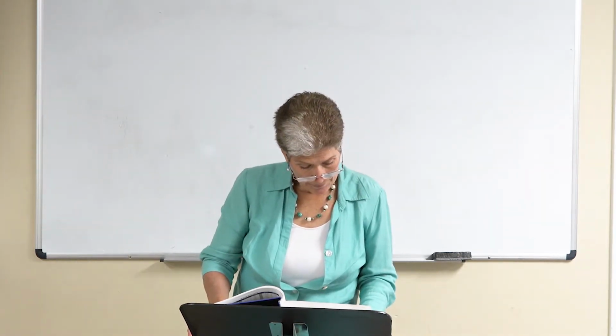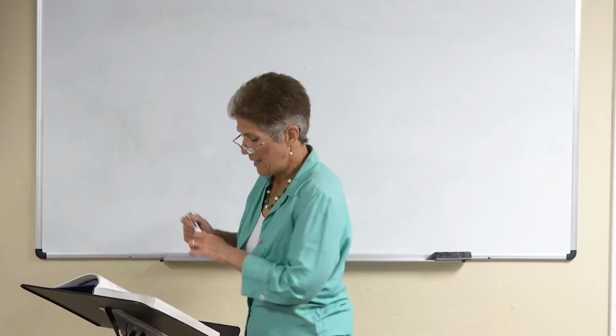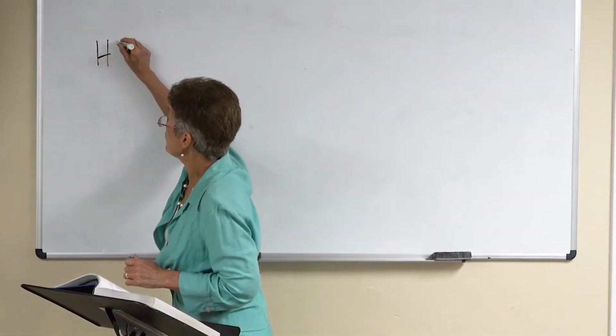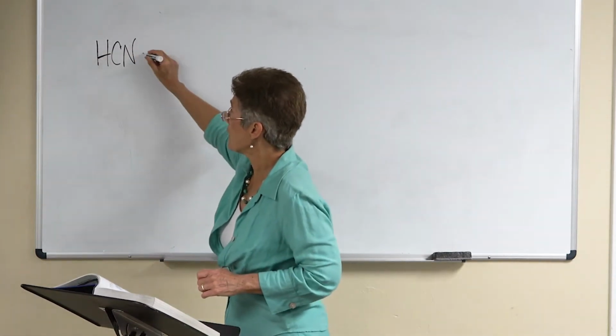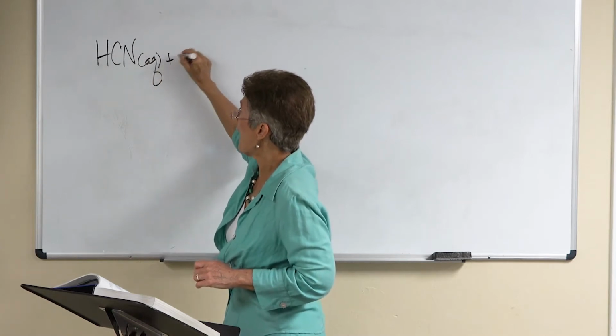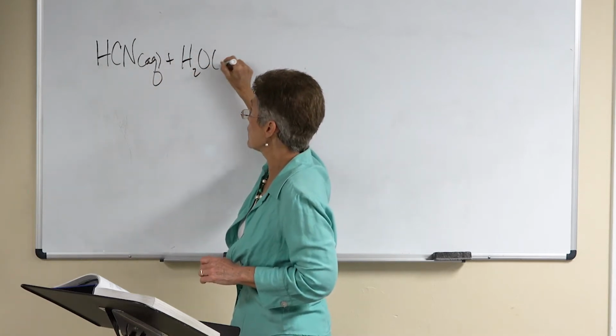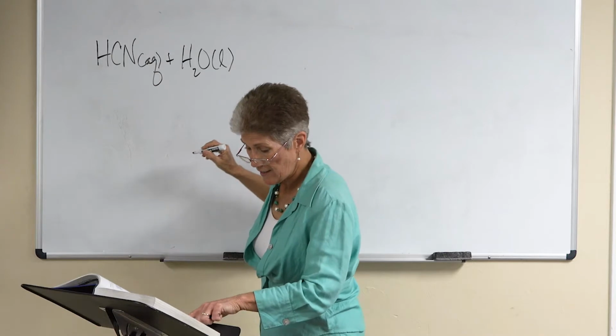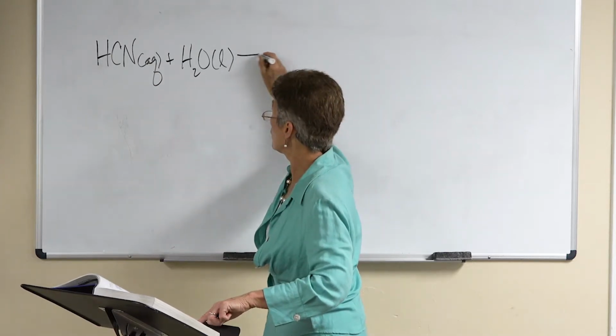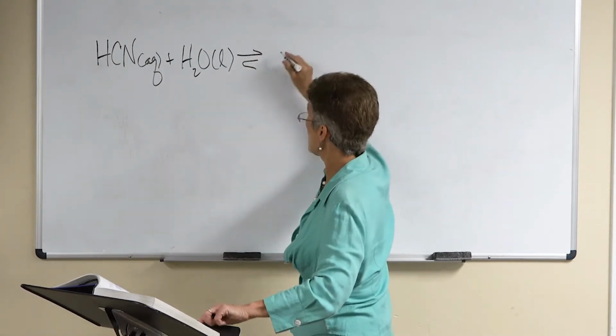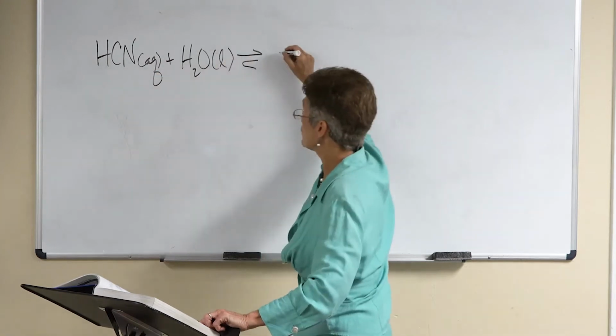Number 16, what is the equation for the acid ionization constant of HCN? Now remember, when we do these, we're going to take them as aqueous, and we are going to add liquid water to this. That's how we find the acid ionization constant. And so then this is an acid-base reaction, so this is going to give up the proton.